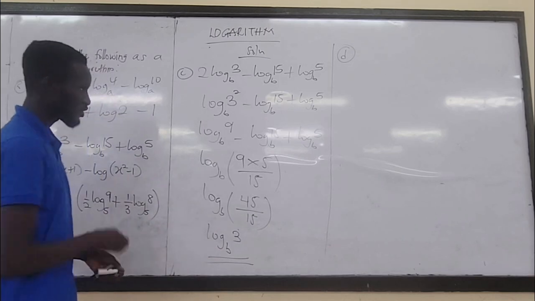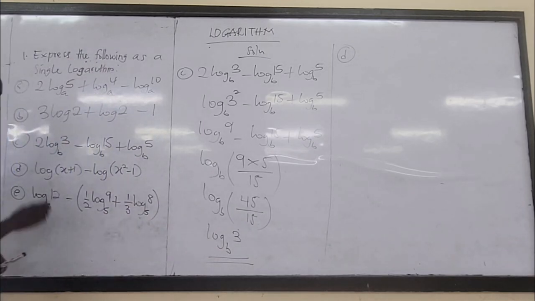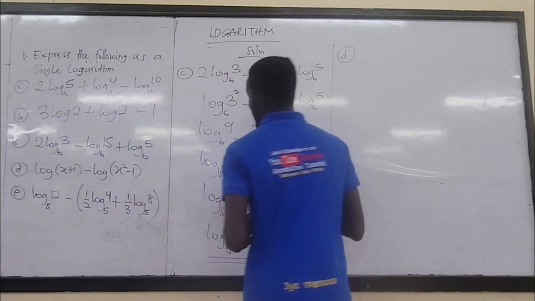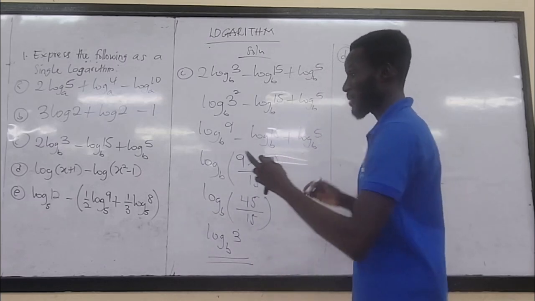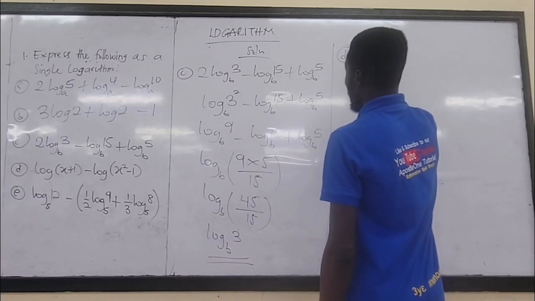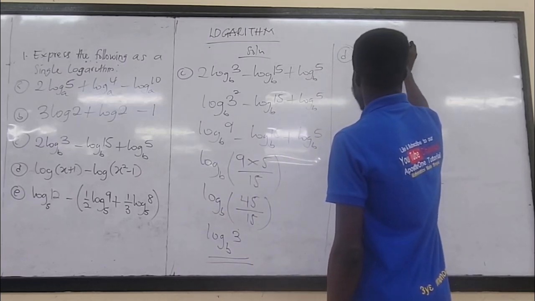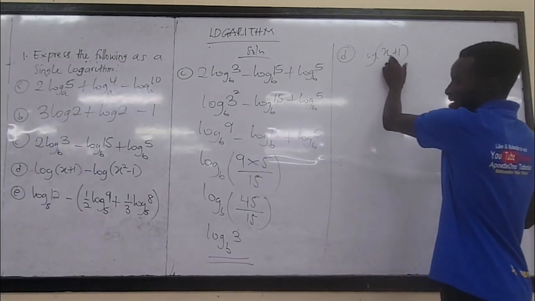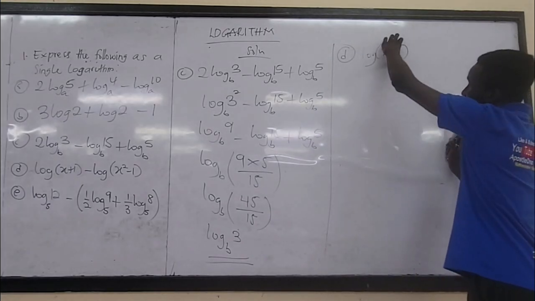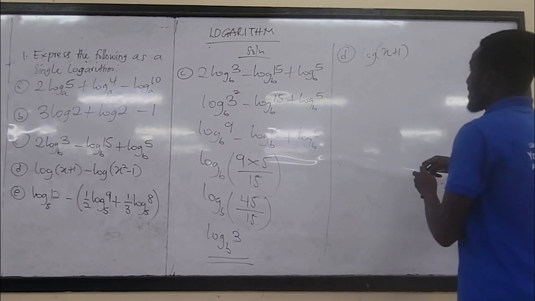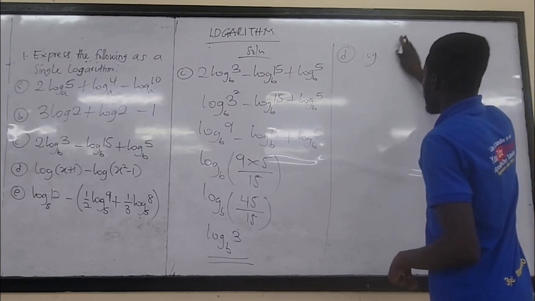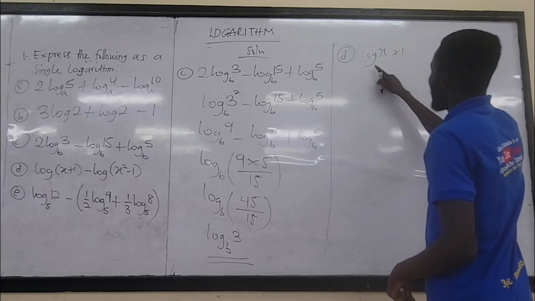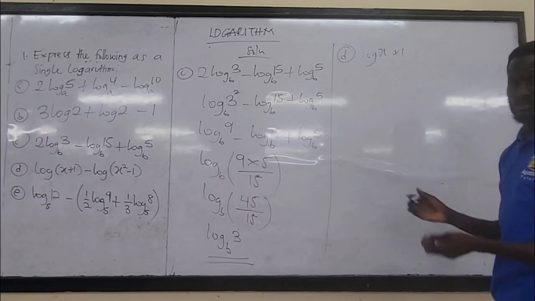So follow me closely. Now D, I have this one. They are all expressions. I also talk about equations. And we have log of x plus 1. Don't forget that anytime they write the log and we have x plus 1, it means the log is of x plus 1. If they write the log and then we have something like this, it means that the log is of x, and the 1 is separate.